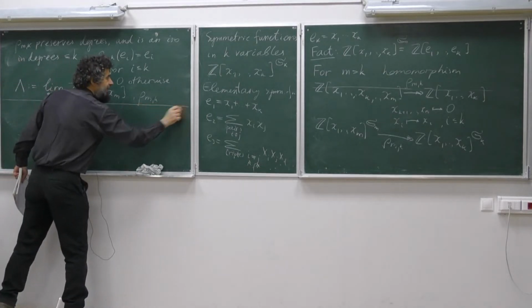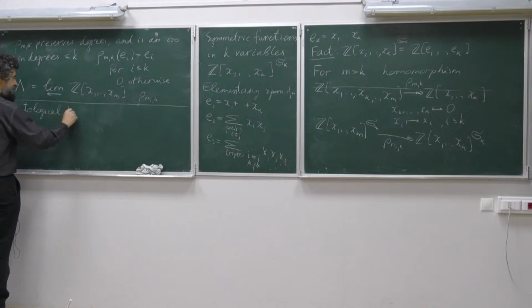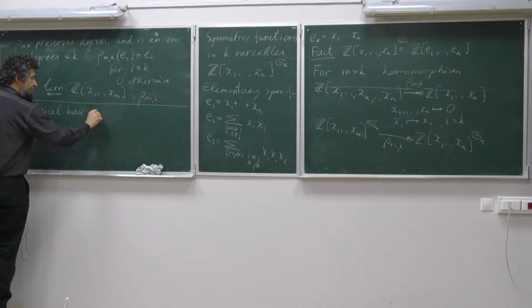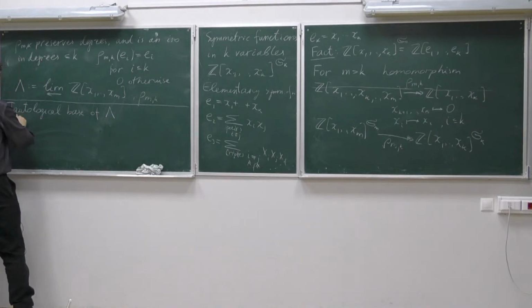So there is a tautological basis of lambda. Well, it's also homogeneous. In fact, all the bases we will encounter will be homogeneous bases.